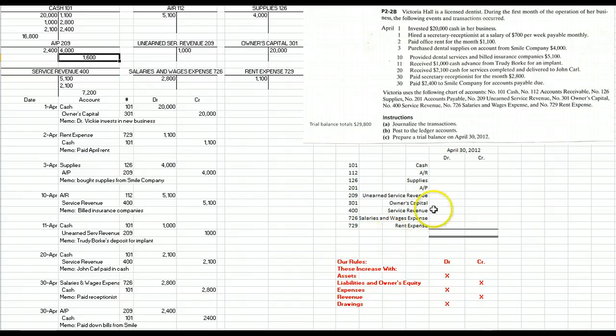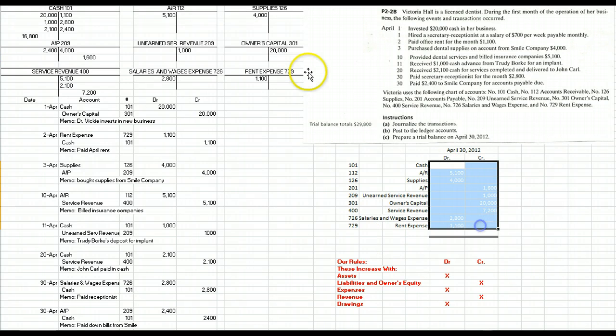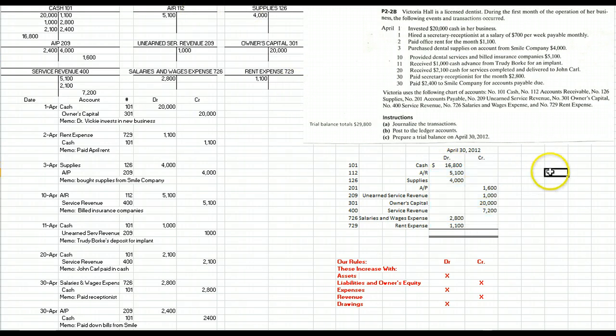And when we do that, we have $16,800 worth of cash, $5,100 worth of accounts receivable, $4,000 of supplies, $1,600 of accounts payable, unearned revenue of $1,000, owner's capital of $20,000, service revenue of $7,200, wages expense of $2,800, and rent expense of $1,100.